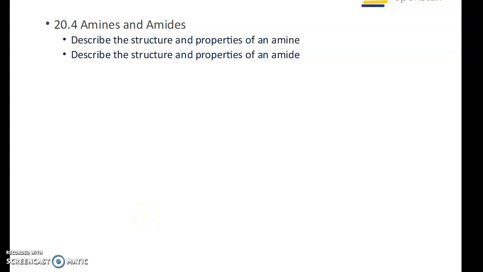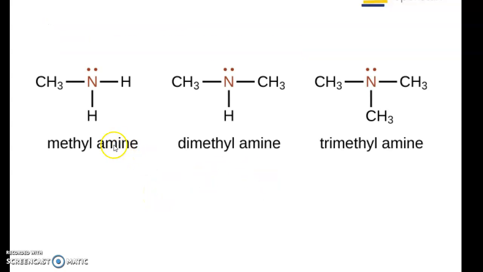Now what we're going to talk about are amines and amides. A methylamine essentially is an ammonia molecule in which you have a methyl group attached to the nitrogen. So any amine means that you have nitrogen to which some carbon group is attached.